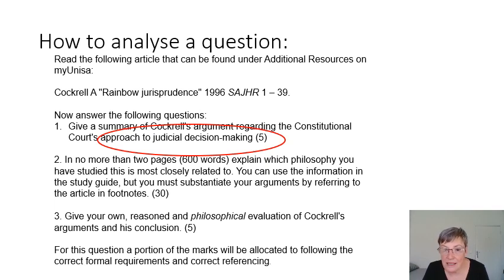Make sure you understand his argument, and then try and link that to one of the approaches in the study guide. And yes, there's a correct answer and a wrong answer for this one. He is advocating for a very specific approach to legal interpretation and to how judges decide cases.